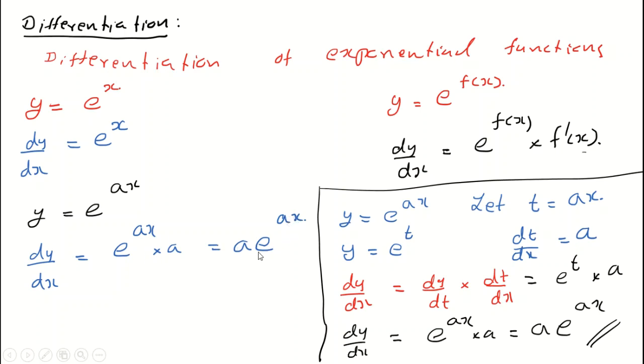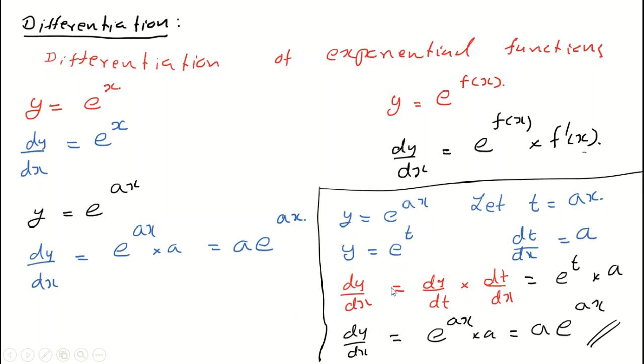We can prove this using our chain rule. Y equals e to the power ax. We will take this ax as t, then y is equal to e to the power t, and dt over dx is equal to a.